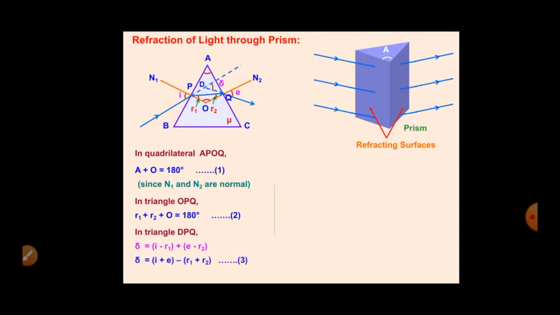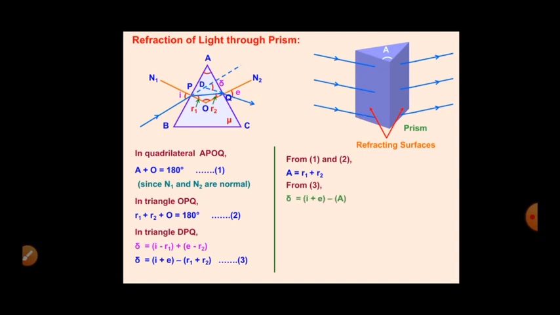So we can take I plus E together, minus R1 plus R2. Since R1 plus R2 is equal to A, delta can finally be written as delta equals I plus E minus A.